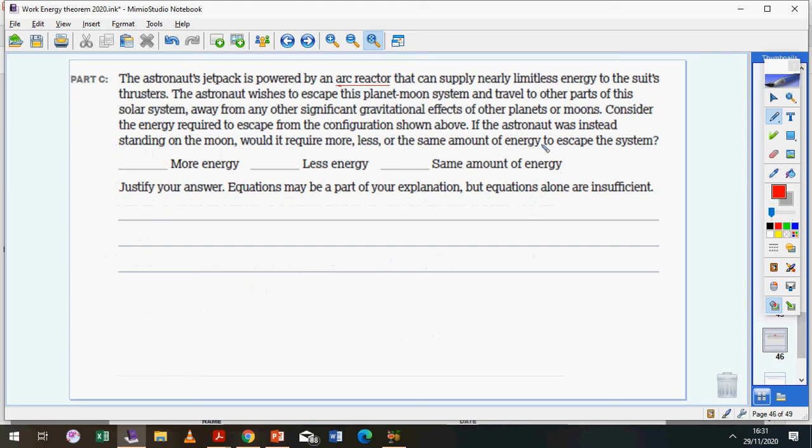Well, if we look at this system, the moon, the Earth, and the astronaut is somewhere here. They are saying that he's standing on the moon, right here.